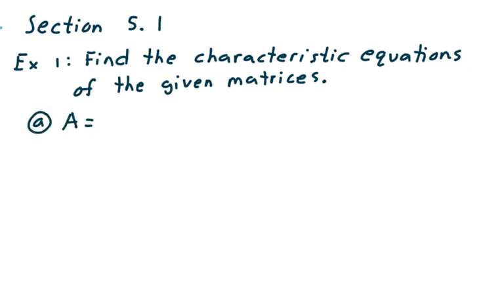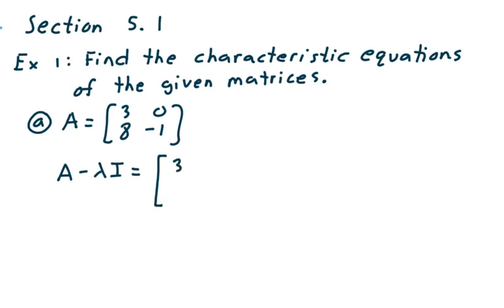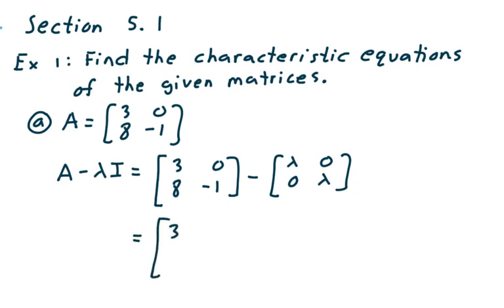Suppose A is the matrix [3, 0; 8, -1]. So A minus lambda I is equal to [3, 0; 8, -1] minus [lambda, 0; 0, lambda], which is equal to the matrix [3 minus lambda, 0; 8, -1 minus lambda].